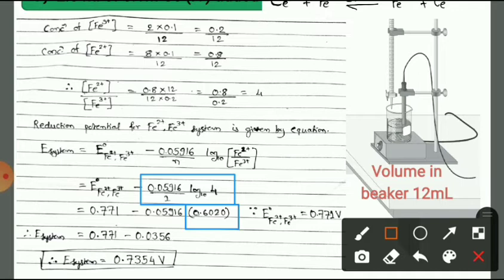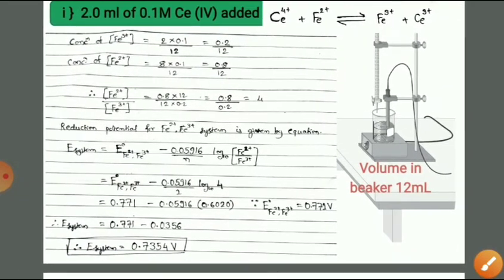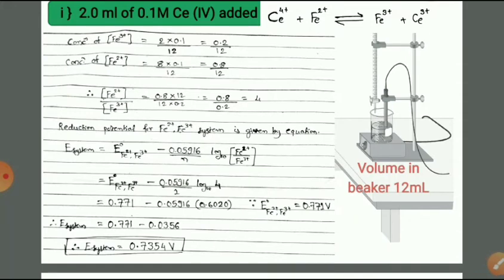After calculating this product, we have 0.0356, which is subtracted from 0.771. So at the end, the E system at this point is 0.7354 volt. This is the E system after the addition of 2 ml of 0.1 molar cerium 4 solution into the beaker.